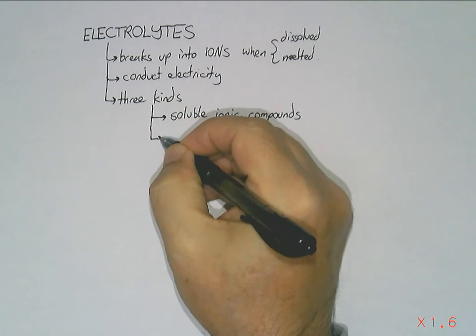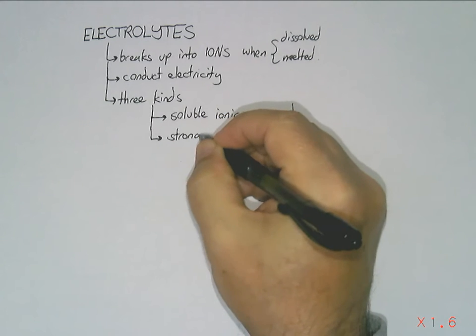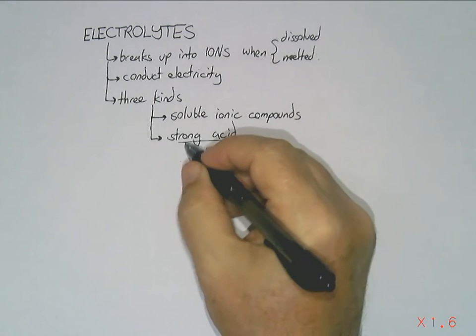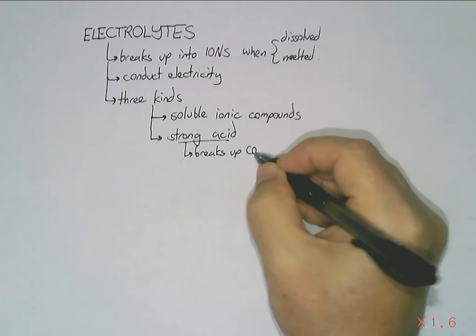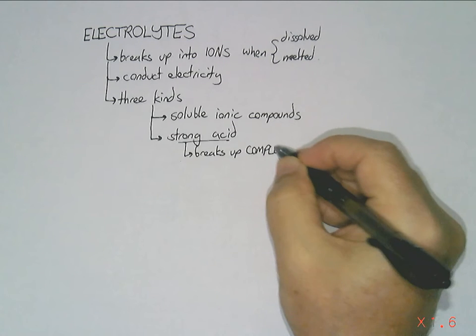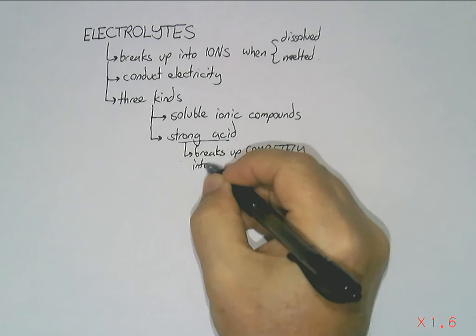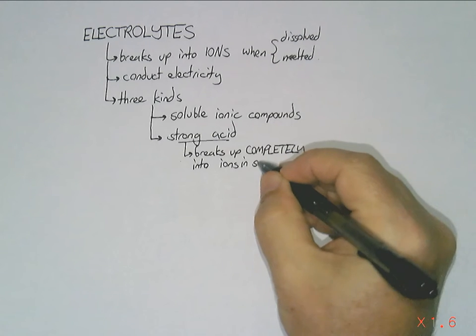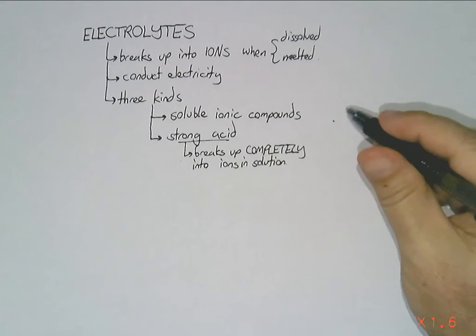Another type of compound is a strong acid. All right, what's a strong acid? A strong acid is something that breaks up completely. So an example would be something like HCl.